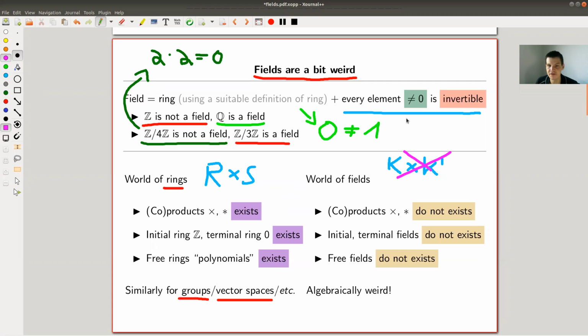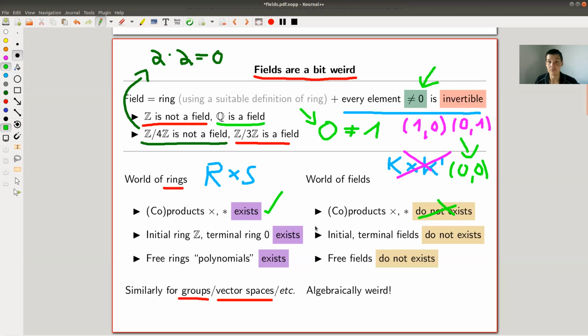The reason is pretty simple: an element like (0,1), where multiplication is component-wise, is a zero divisor, because this thing multiplies to 0, of course. This is no problem in a ring because you don't have this asymmetric condition, but this is a problem in a field. So here, products exist, check; for fields, they do not exist, bad.